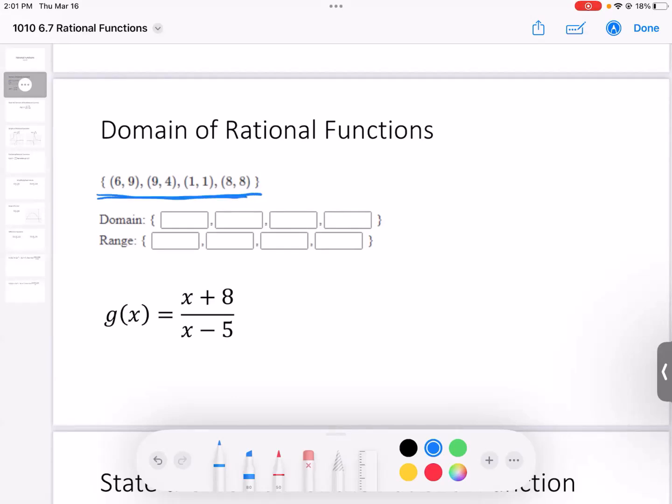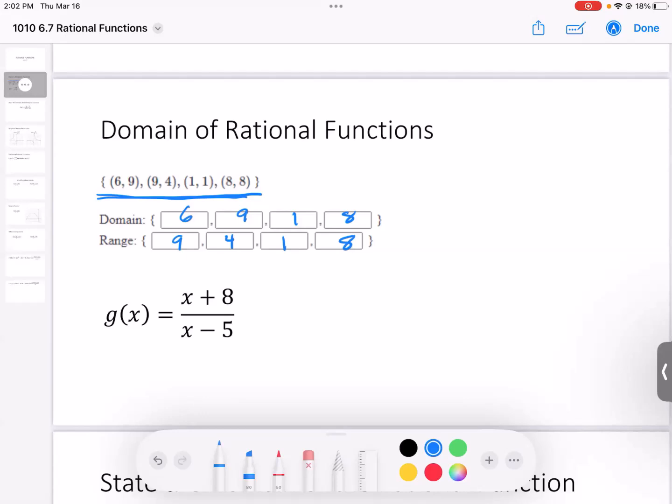If you had a really simple function, which is basically just pairs of inputs and outputs, the list of all of the possible inputs would be the domain. So you could input a 6 or a 9 or a 1 or an 8 into that function. So that's the domain. And then the range is the list of all possible outputs. So you can get a 9 out or a 4 or a 1 or an 8. So that would be the range.